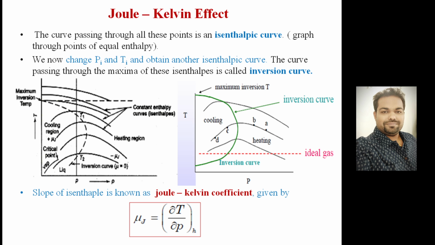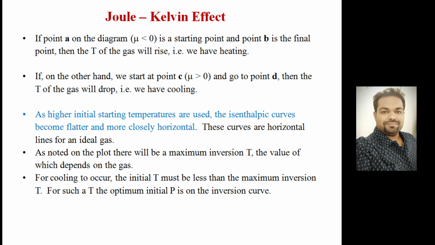So by changing the pressure and temperature, you can change the conditions of heating and cooling. This point is now clearly covered. At a higher initial starting temperature, the isenthalpic curve becomes flattened and closer to horizontal. In the case of an ideal gas, it will be a horizontal curve, right? The throttling process will have no losses involved, and you will get a constant horizontal line.